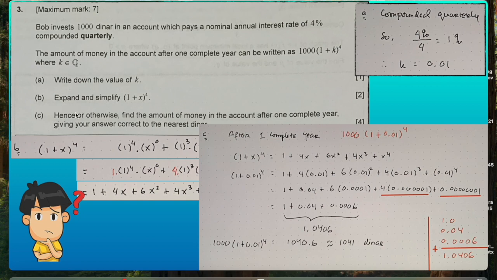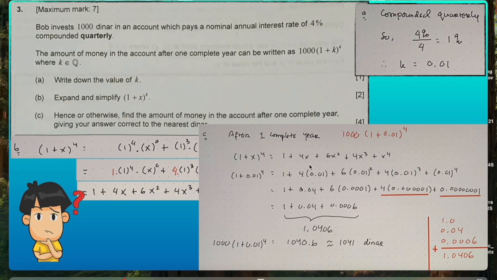In this case I use hence because I can use this previous result. So I have here (1 plus x) all to the power of 4 expansion equal to this, and x in this case is equal to 0.01. So I can substitute x equal to 0.01 to here, like so.